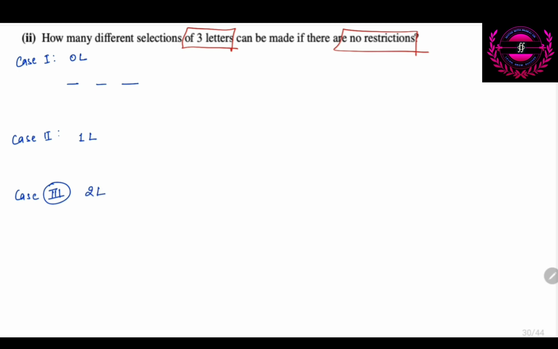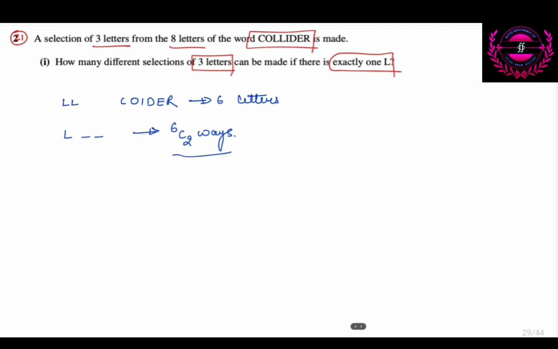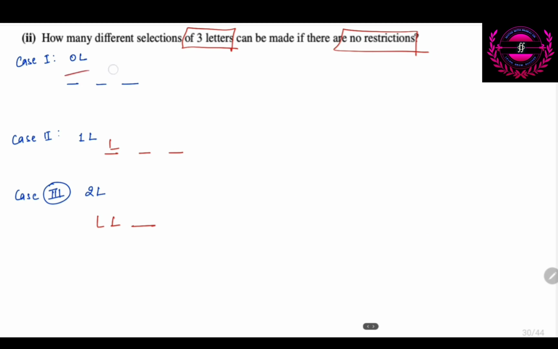So the 3 letters with no L can be chosen out of 6 in 6C3 ways.